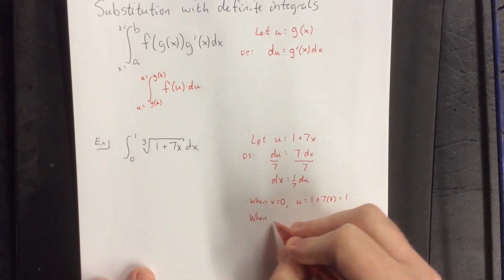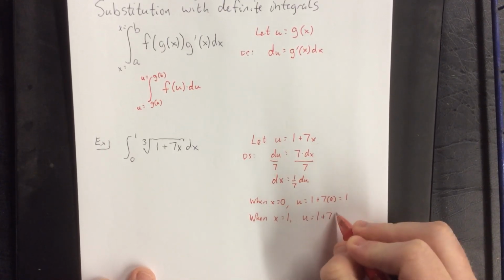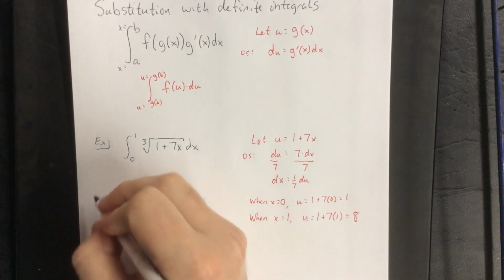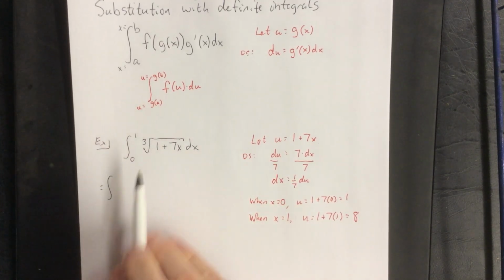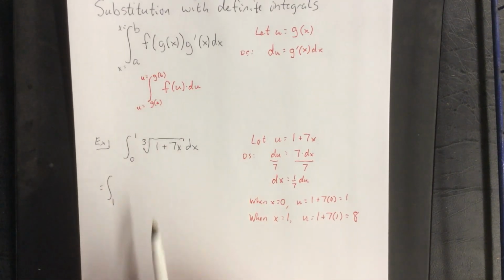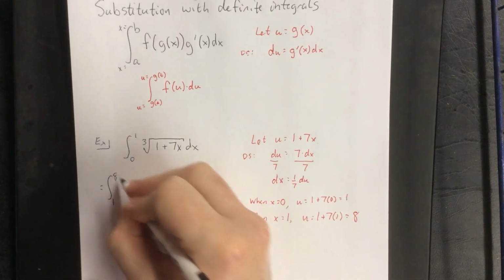For the upper bound, when x is equal to 1, u would be equal to 1 plus 7 times 1. Simplifying as much as possible, we would get an upper bound of 8. So performing all of these substitutions, lower bound was x equals 0, and that corresponds to u equals 1. The upper bound was x equals 1, which corresponds to u equals 8.